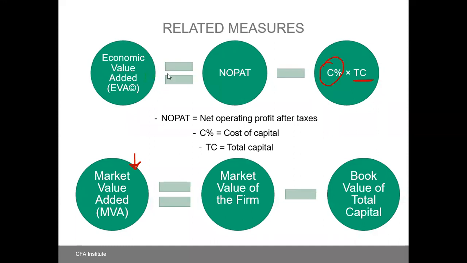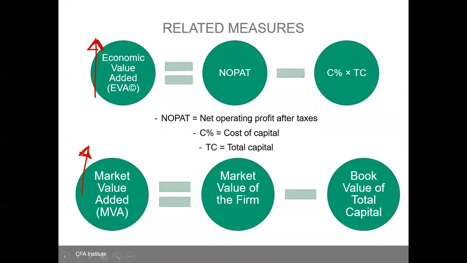Let me unlock the confusion here, that why we have written these two different concepts in a single slide. Okay. If the firm generates positive economic value added, what should you expect? This should be a positive number, or this should be a zero, or this should be a negative number.